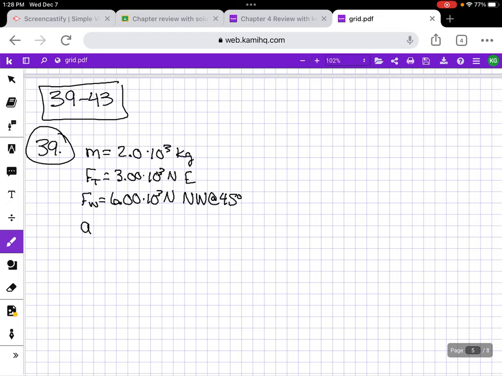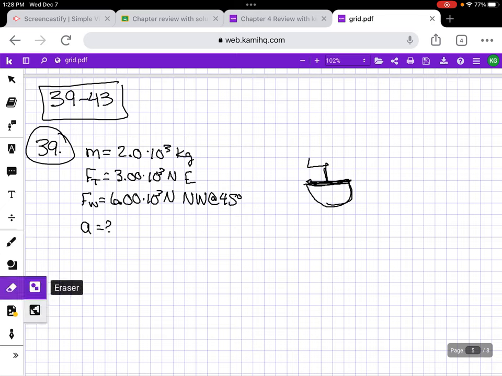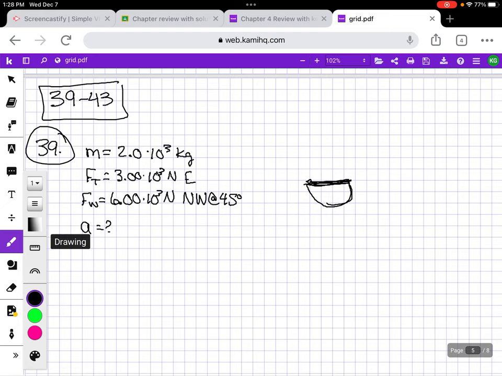Ooh, fun. Acceleration equals what? Alright, so we've got a beautiful little sailboat. Alright, sailboat. So we've got our sailboat that is going to have some force vectors on it.